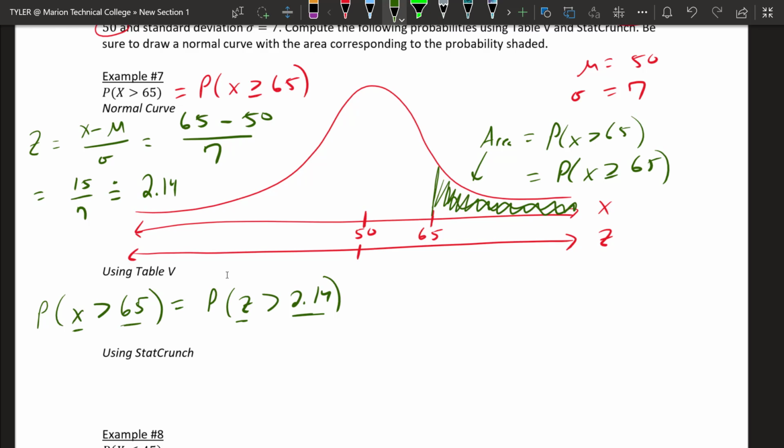It's almost like changing the units, if you will. On this z-axis, lining up with 50 would be a z-score of 0, because 0 is right at the mean. Then the z-score associated with 65 would be this 2.14 value.